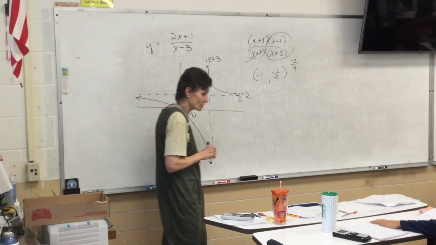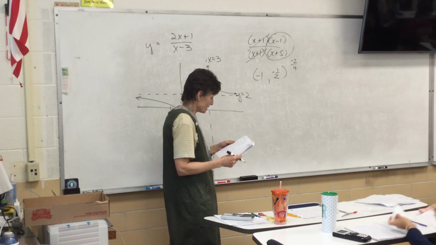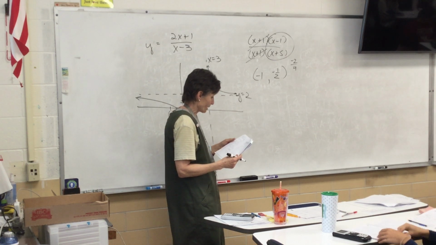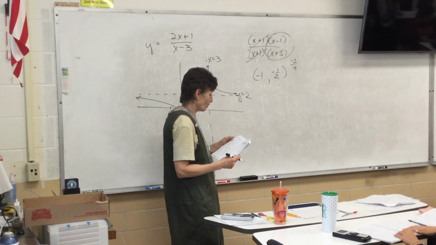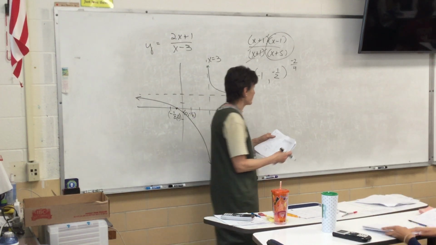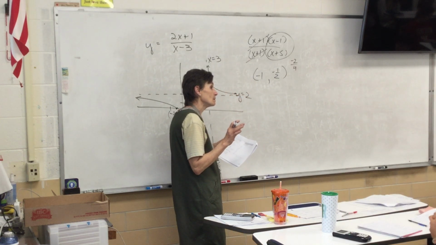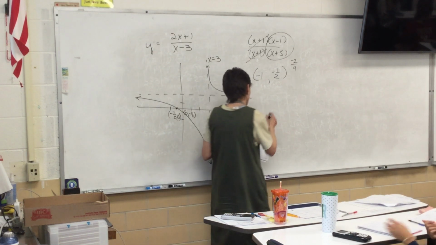Okay, good questions. Who else found something? Give me number 1, number 5. Number 1. Okay, this is a calculator problem. So what you have to write down, this is problem number 1.